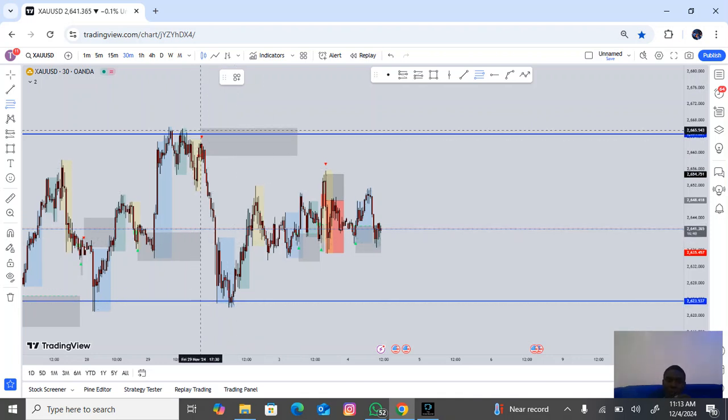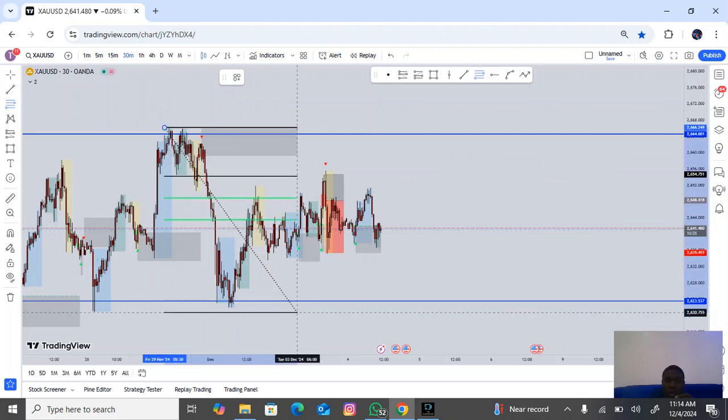First, if you're looking to short, maybe you're looking for sales or you're looking to short a particular pair, you draw the Fibonacci tool from the recent high to the recent low, right?